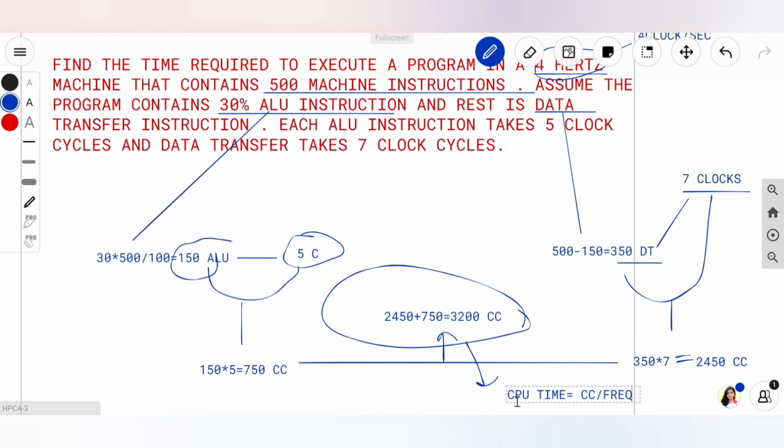In order to find the total time required to complete that many clock cycles, we need clock cycles divided by frequency. So that is 3200 divided by 4, and the CPU time comes out to be 800 seconds.